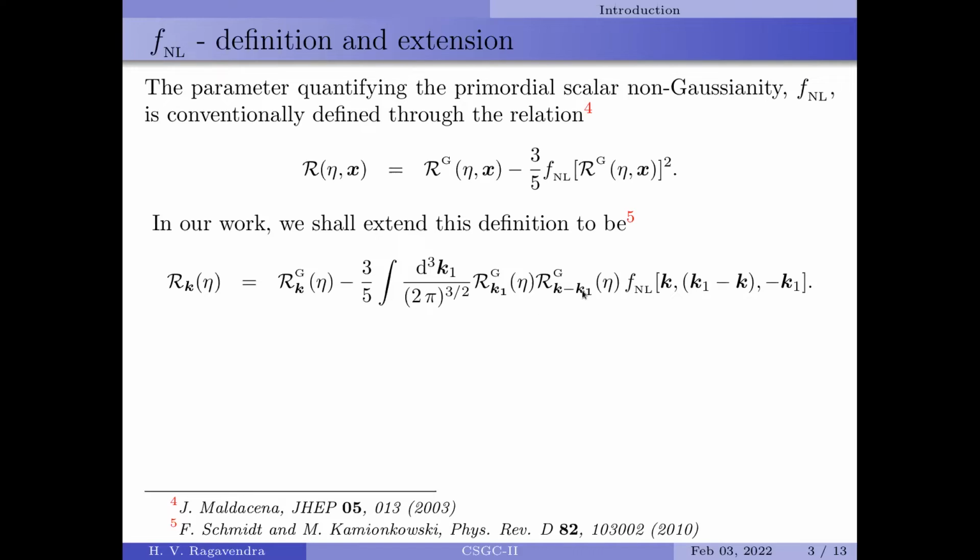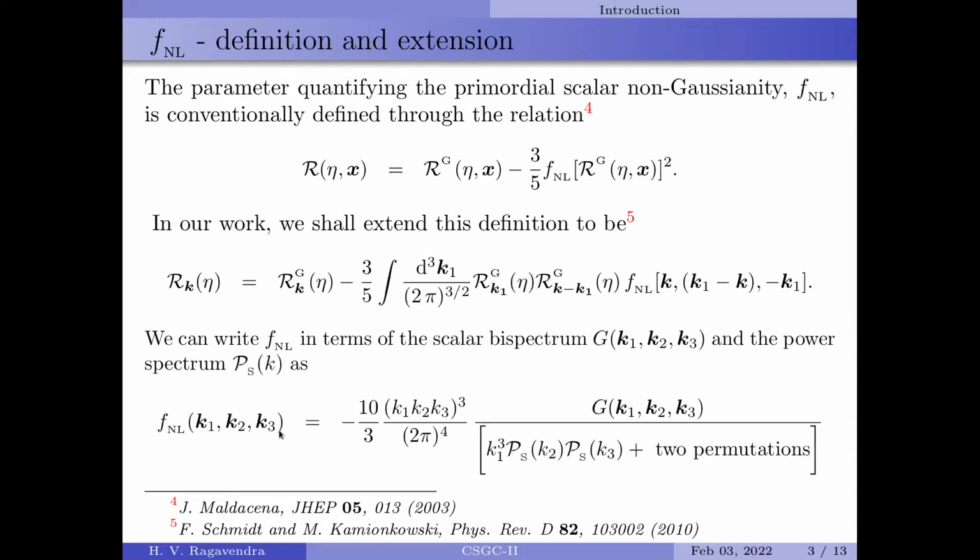Now, if we are to capture the non-Gaussianity arising in a given model, especially at the level of bispectrum, we compute the 3-point correlation of this mode function, and FNL gets related to the 3-point function, namely the scalar bispectrum denoted as G, and the power spectrum PS through this relation. So now we have the FNL defined along with this explicit wave number dependence.